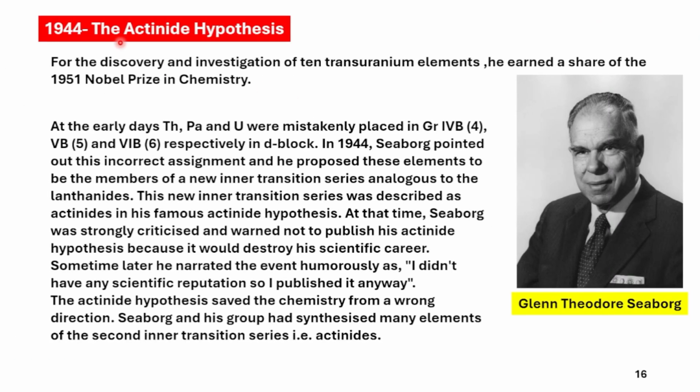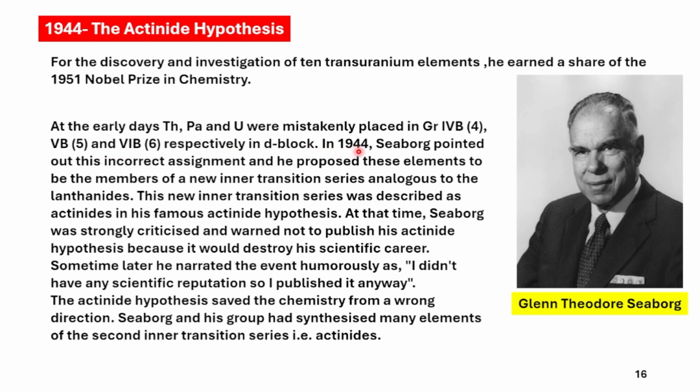Now let's talk about the actinide hypothesis. For the discovery and investigation of 10 trans-uranium elements, Professor Seaborg earned a share of the 1951 Nobel Prize in Chemistry. Now what is this? In the early days, thorium, protactinium and uranium were mistakenly placed in group 4B, group 5B and group 6B respectively in the D block.